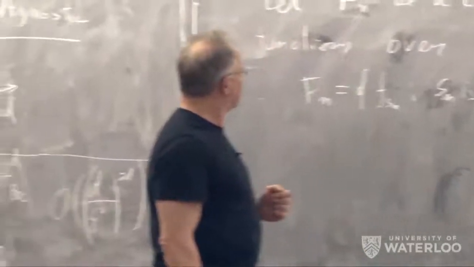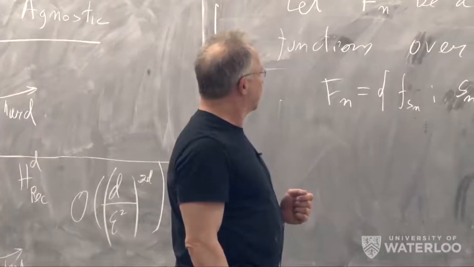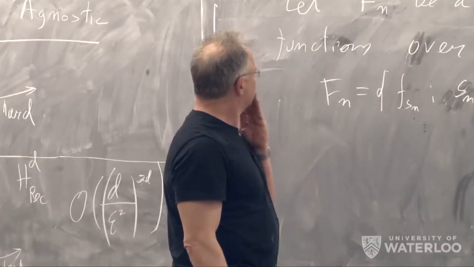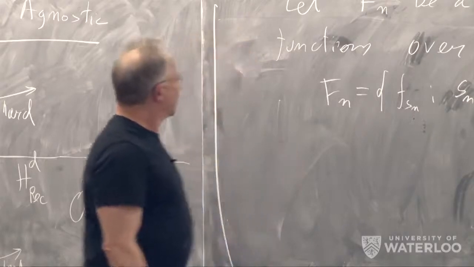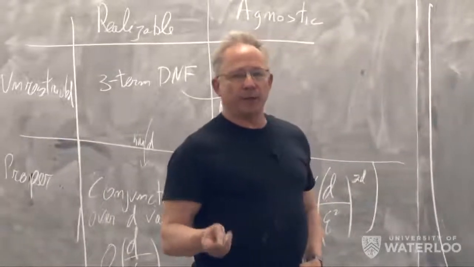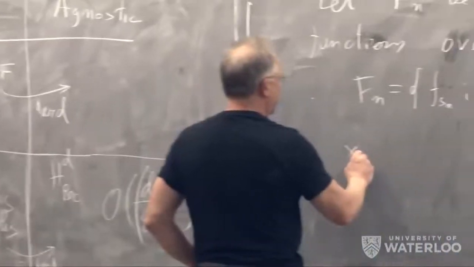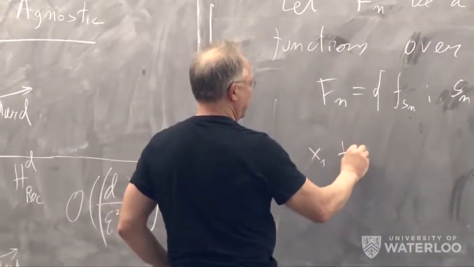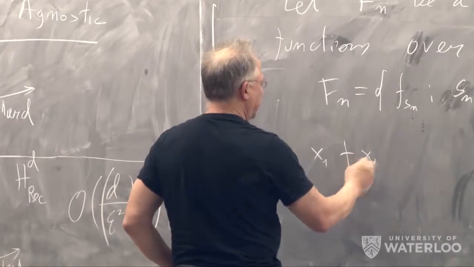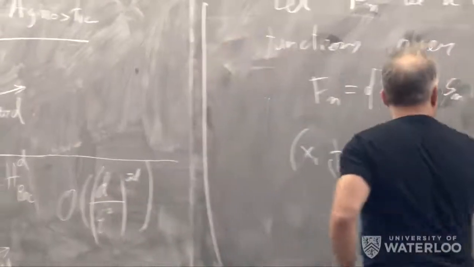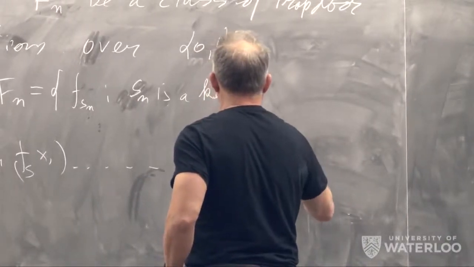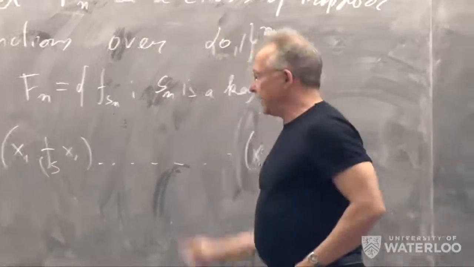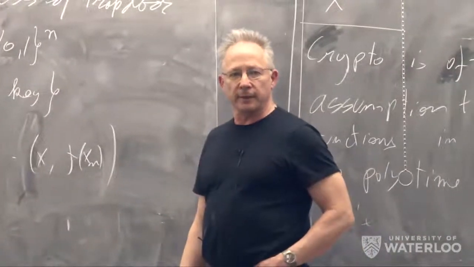And so the point is that if you can generate a list of points, x1, f of x1, up to some xm, f of xm, and f is one of those secret functions.